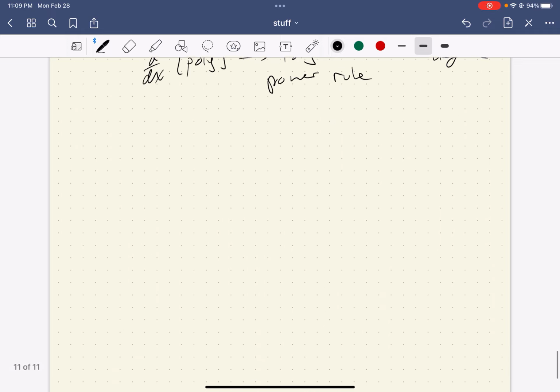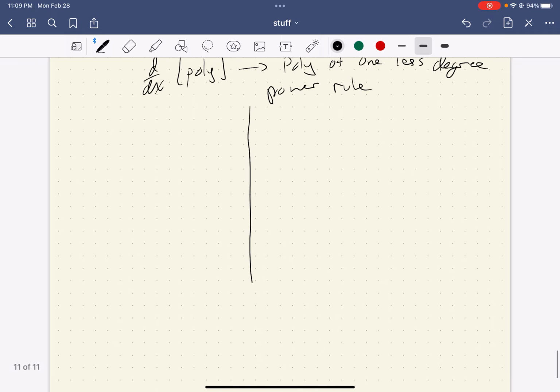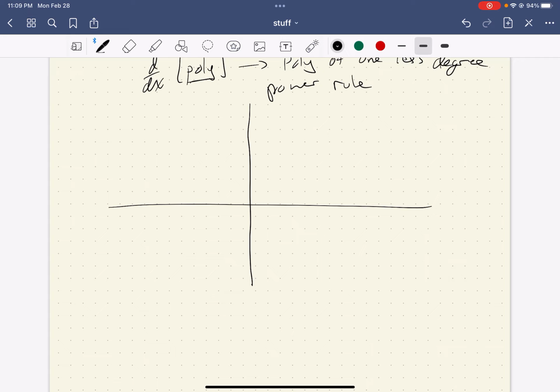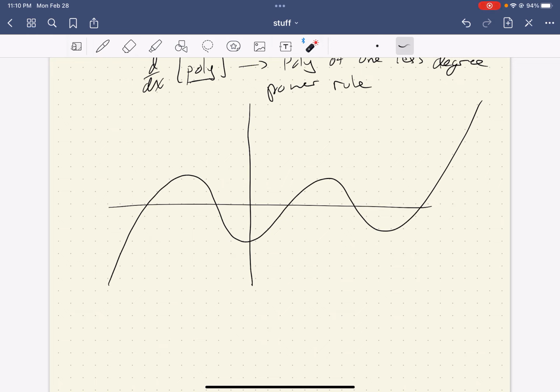And this is sort of a fun thing to think about with just the intuition we've talked about so far. So what does a polynomial look like when you graph it? It looks something like this. In this case, the polynomial that I chose to draw is probably a 1, 2, 3, 4, 5th degree polynomial.